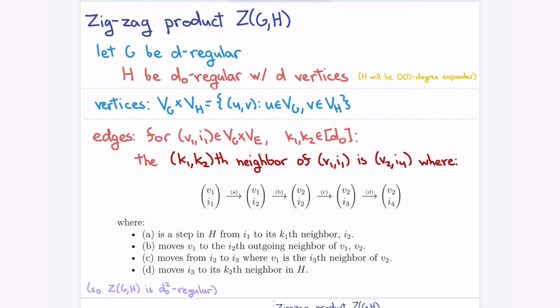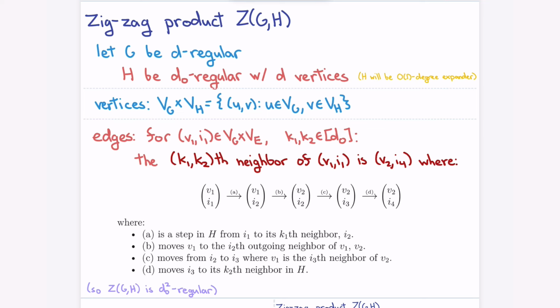Okay, so the first step, you move in H from I1 to its K1th neighbor. The point is that ultimately the degree of our graph is going to be D0 squared. So if the expander graph had degree 3, it's going to be 9 because we're going to roughly take 2 steps in the expander.